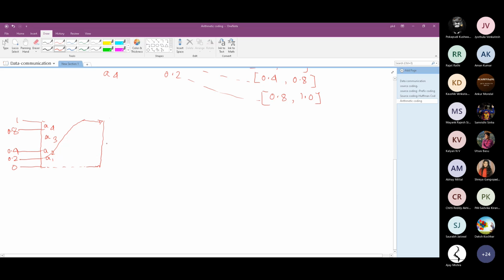So first, the 0 to 0.2 interval is partitioned in the same probability, the same fraction. This is 0.2, so 0.2 multiplied by 0.2 is 0.04. Then this is 0.08.